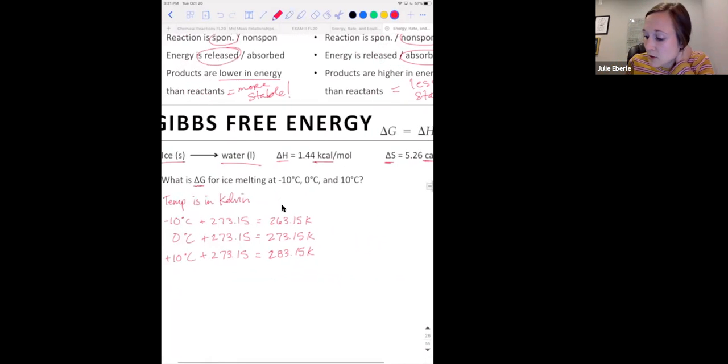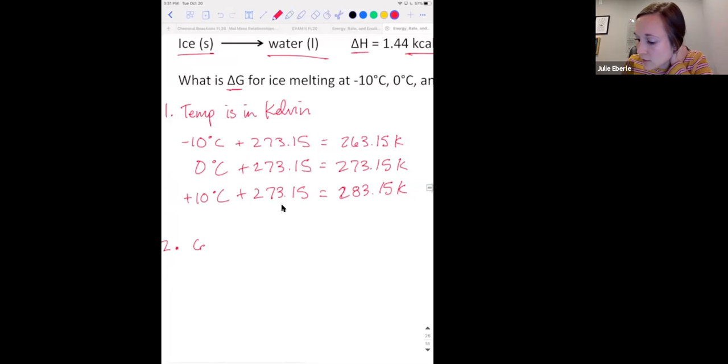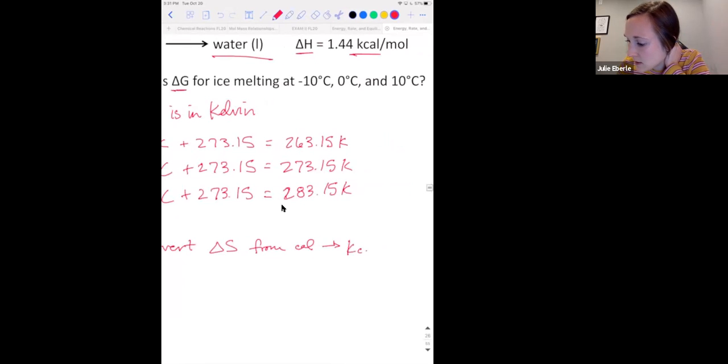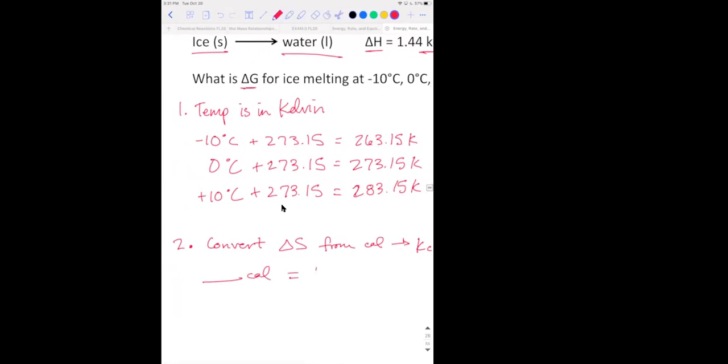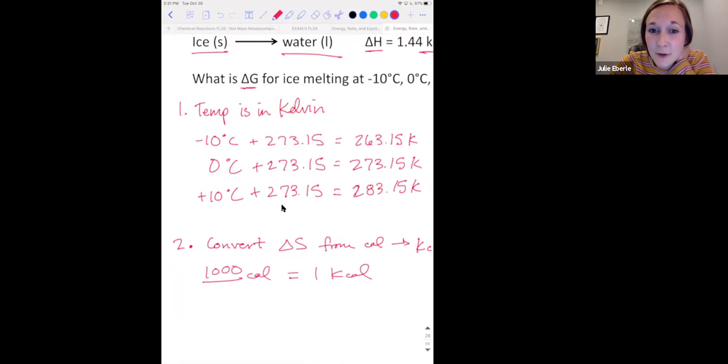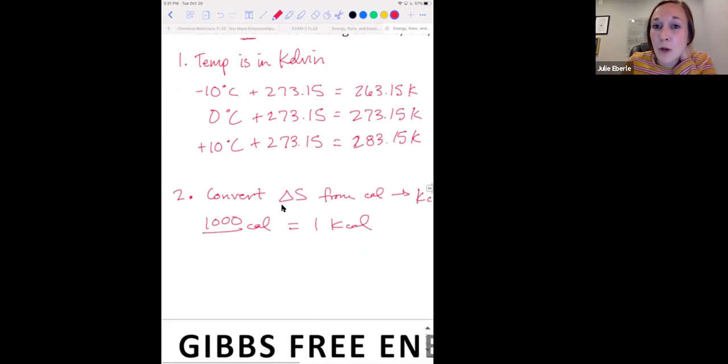So step number 2 is convert delta S from calories to kilocalories. Anybody remember the relationship there? How many calories are in a kilocalorie? 1,000 calories. That's correct. Don't flip those. Some people accidentally get them mixed up. 1,000 calories and 1 kcal.